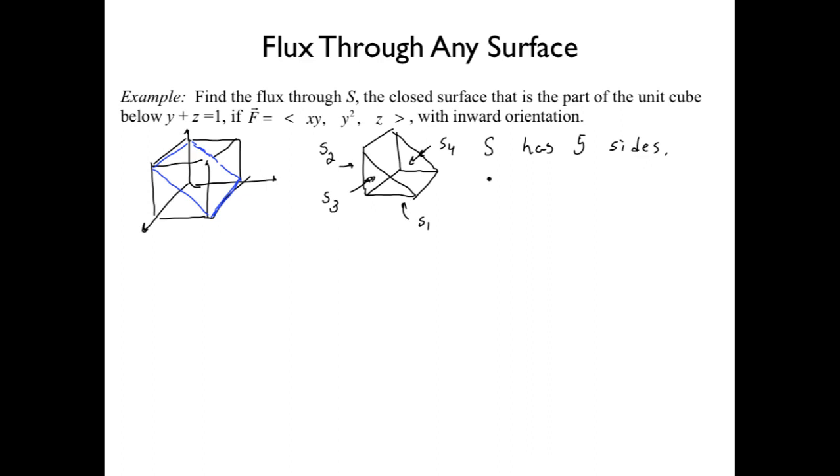All right, so here's the thing. I told you there was that alternate form, right? So F dot r_u cross r_v dA, but then I also said that there is F dot N dS.